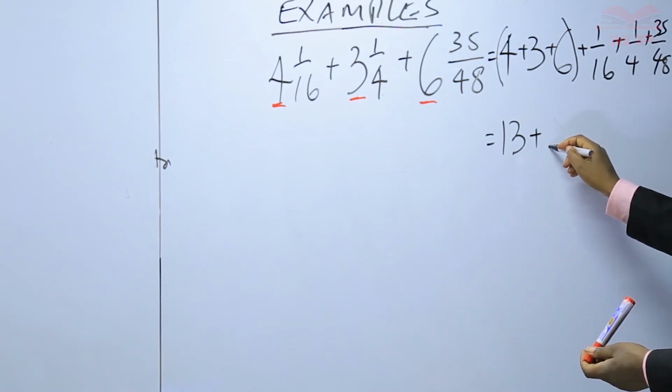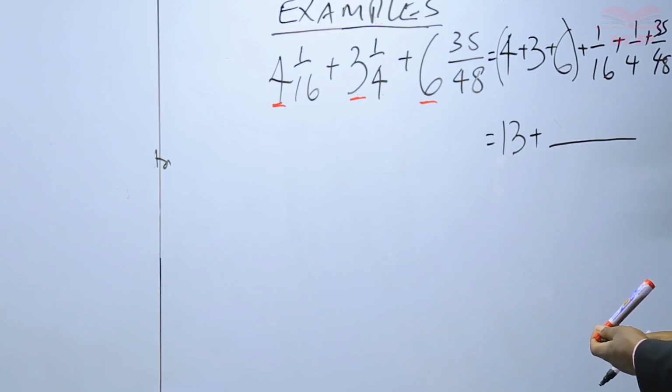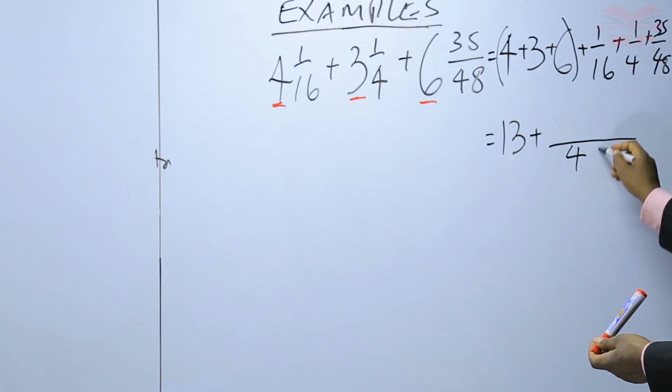We first get the LCM of the denominators. The LCM of the denominators here is 48.